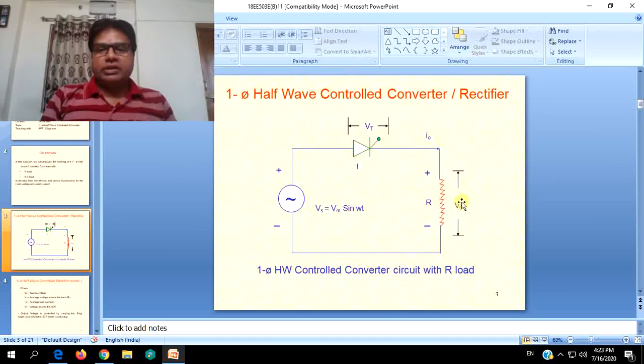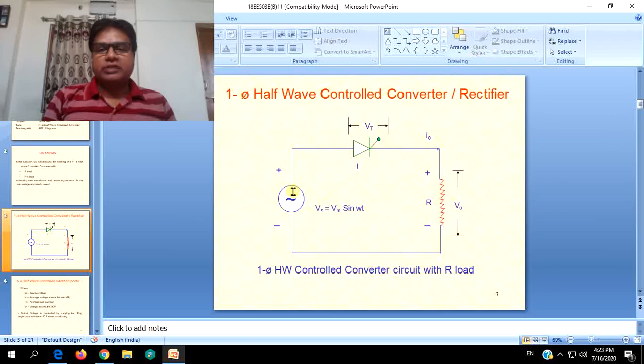And as we have already discussed, when the forward breakover voltage of the SCR is reached or gate signal is given at a particular instant to turn on this SCR, this acts like a closed switch, load will get its current. Until then, when gate signal is not there, this SCR will be acting as if it were an open switch, wherein it lies in its forward blocking mode.